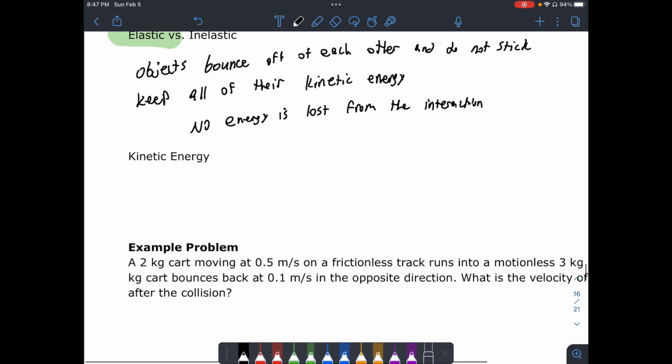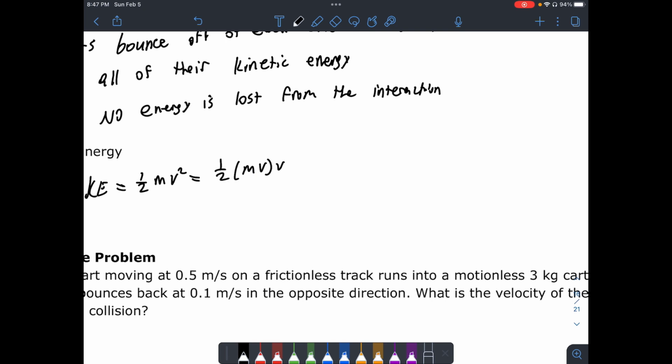All right. And just a note on kinetic energy, you may remember that its formula is 1/2 mv squared, 1/2 times the mass times the velocity squared of the object. And we can just rewrite this as 1/2 mv times v. These two things are the same. And oh, look at that. This looks a lot like momentum. 1/2 p times v. Well, let's also do something else.